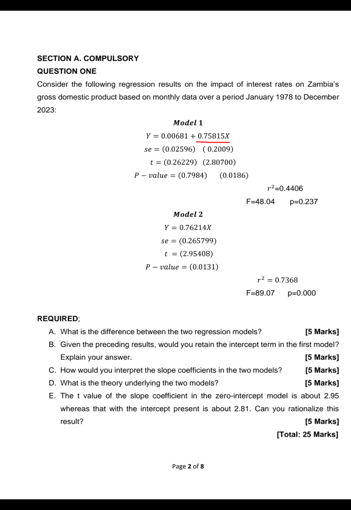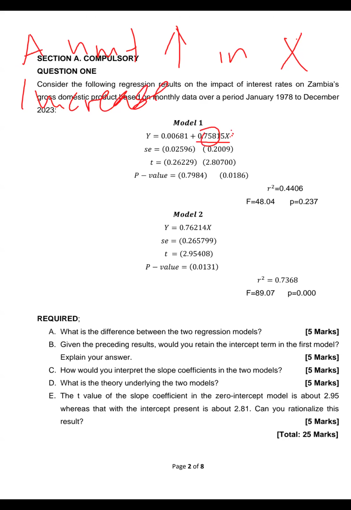This simply means that an increase in the independent variable, a unit increase in interest rates, which is our X. I'll just put X, but you should put the real word, interest rates, not X. So a unit increase in X increases, because this coefficient is positive, that's why I'm saying it increases, Y. What is Y?